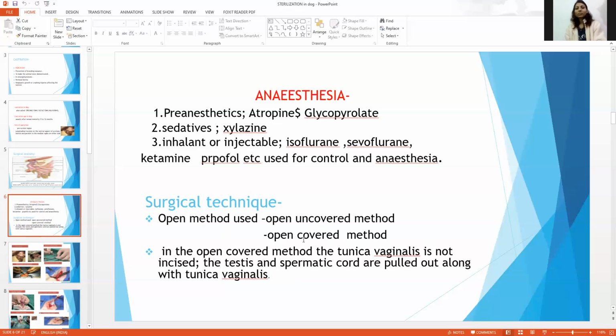But if you are going to incise the tunica vaginalis, then this is known as uncovered, meaning you are going to incise and expose the testicles. So these are the two important methods in open castration, open covered and open uncovered. In open covered, you are not going to incise the tunica vaginalis, but in open uncovered, you are going to incise the tunica vaginalis also. This is the important difference between covered and uncovered.